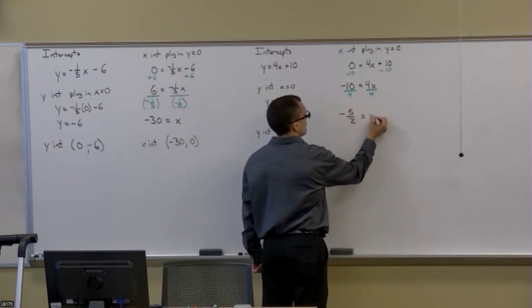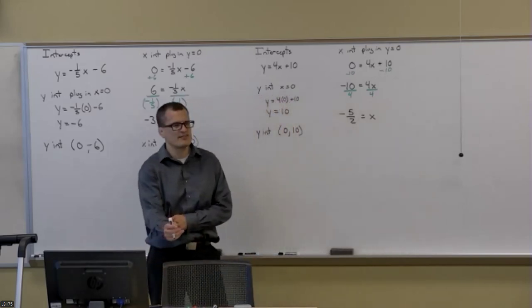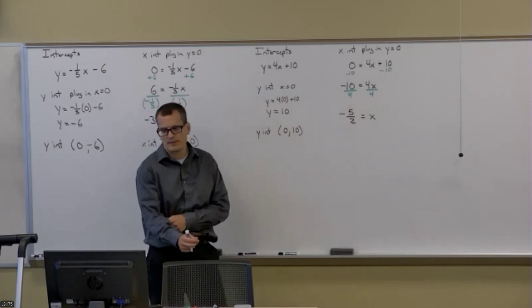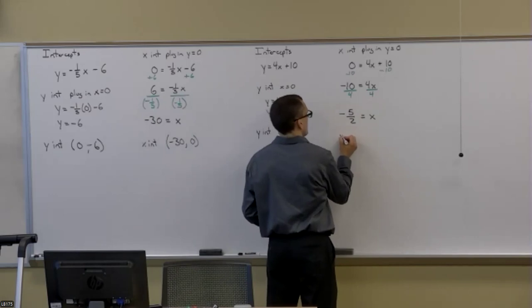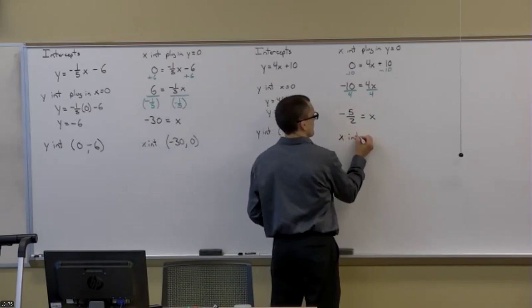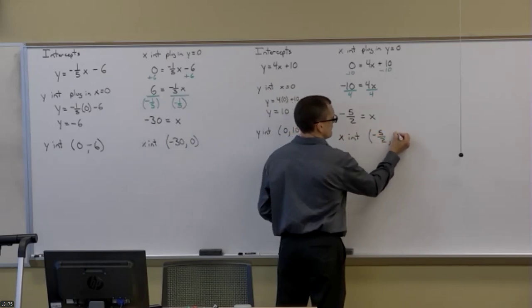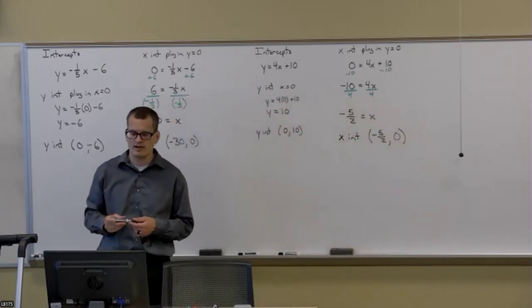As a reduced fraction, x would be -5/2. As a decimal, that'd be -2.5. So the x-intercept, I'll write it as a fraction here. Moodle may ask for the decimal version of that, but -5/2, 0.